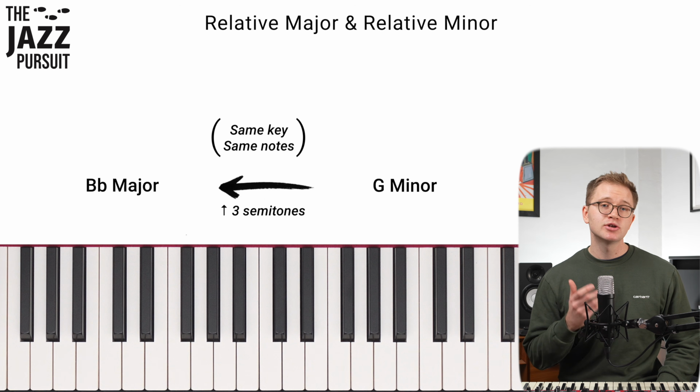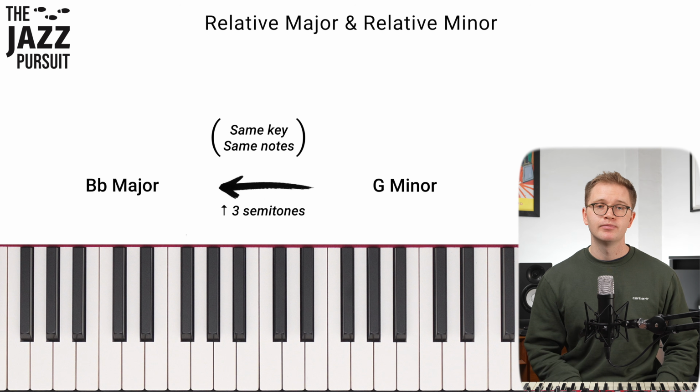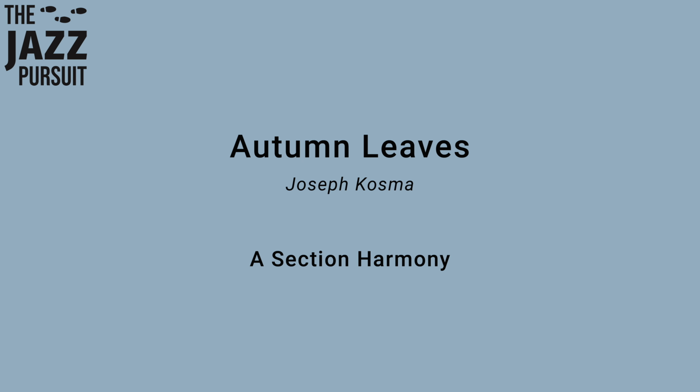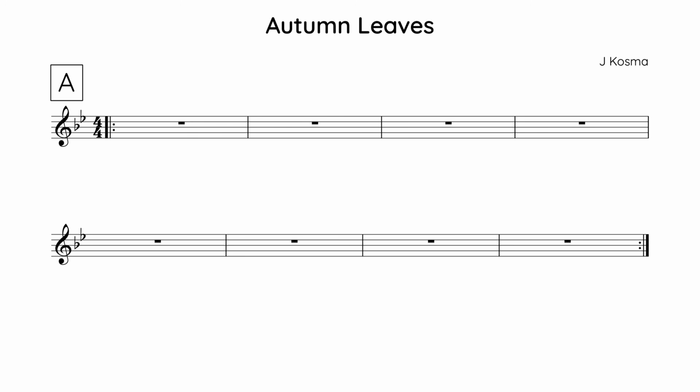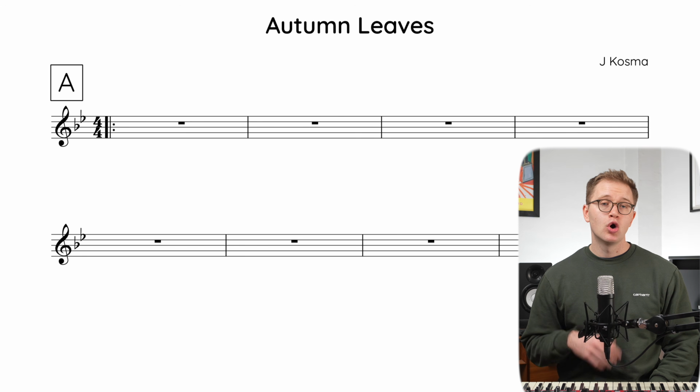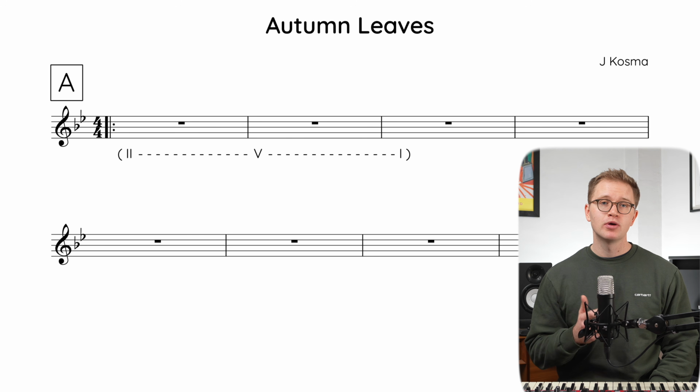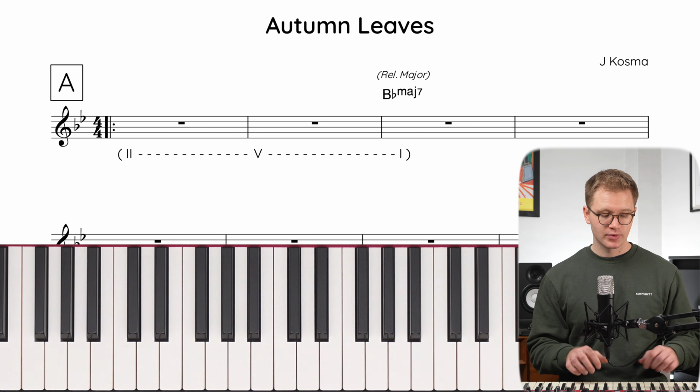So, now we understand the terms relative minor and relative major, let's get on with the tune and take on the A section harmony. Autumn Leaves is in the key of G minor, but the harmony begins with a 2-5-1 to the relative major, B flat major.